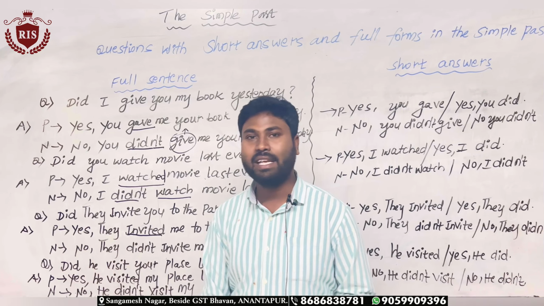And the negative answer can be no, you didn't give. You can end with this verb, or else in the very same way you can write the negative answer: no you didn't. No you didn't is the short answer to that question.